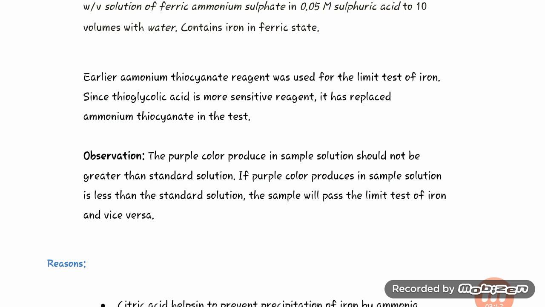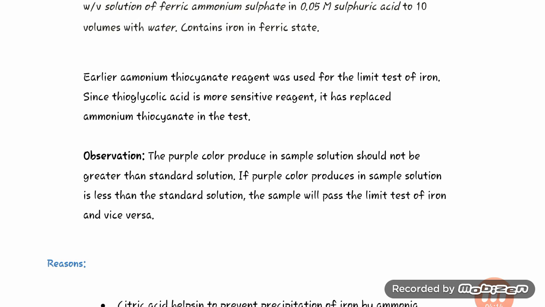So what we will observe in this, as I told you, is that we compare the standard versus the test. So let's see the observation. The purple color produced in the sample solution should not be greater than in the standard solution. If the purple color produced in the sample solution is less than in the standard solution, then the sample will pass the limit test of iron.